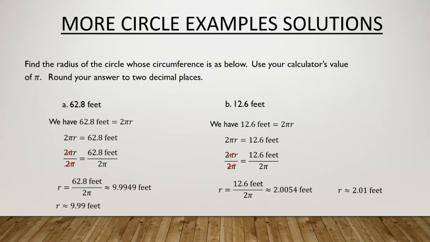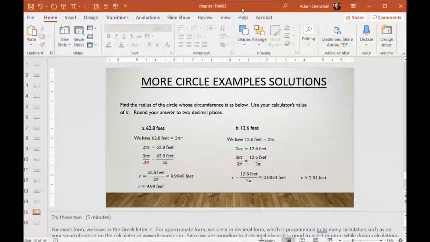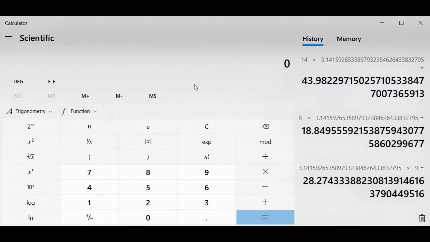When you plug it into the calculator, you have to do 2 times pi first. Oh yeah, you know what? Let me show you how to do that actually. Let me get my calculator. I'm glad someone asked that, because I was wondering if they'll know how to do that in the calculator. So here's what I did.